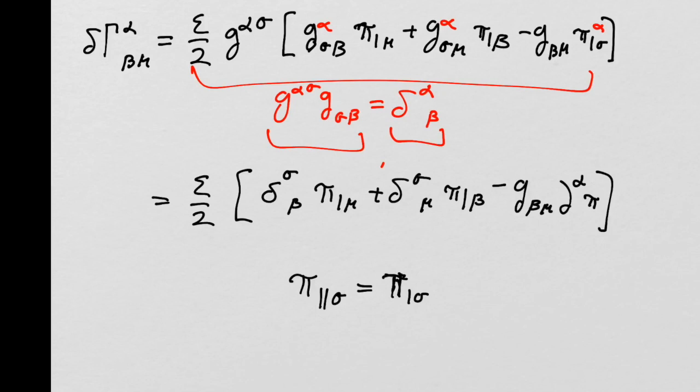So this counts as an index that can be raised, so I could write pi line sigma like that. I don't think I've ever seen the notation pi line sigma with the upper part. But regardless, what this means is G alpha sigma of pi covariant derivative sigma.